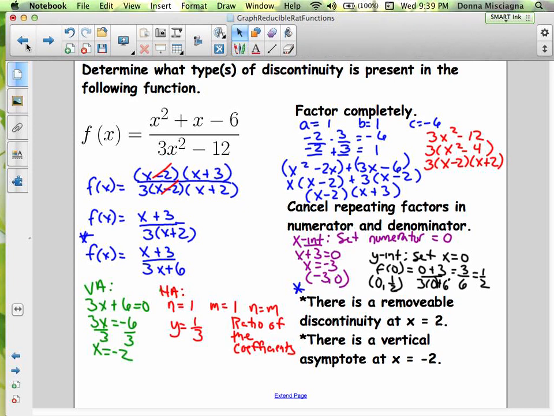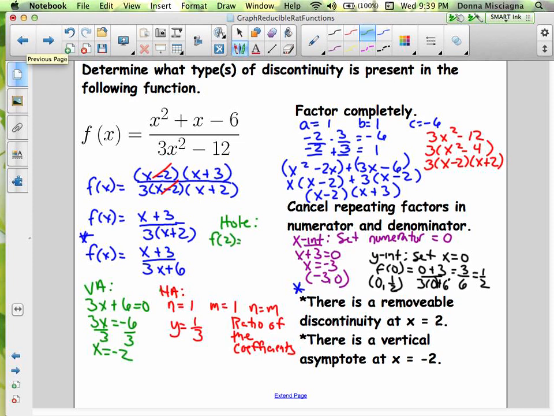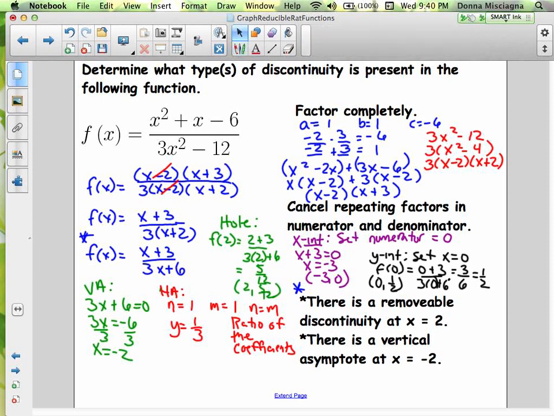So the hole is at f(2). So that would be (2 plus 3) over (3 times 2 plus 6). So that's going to be 5/12. So there's a hole at (2, 5/12). That's just about a half, actually.